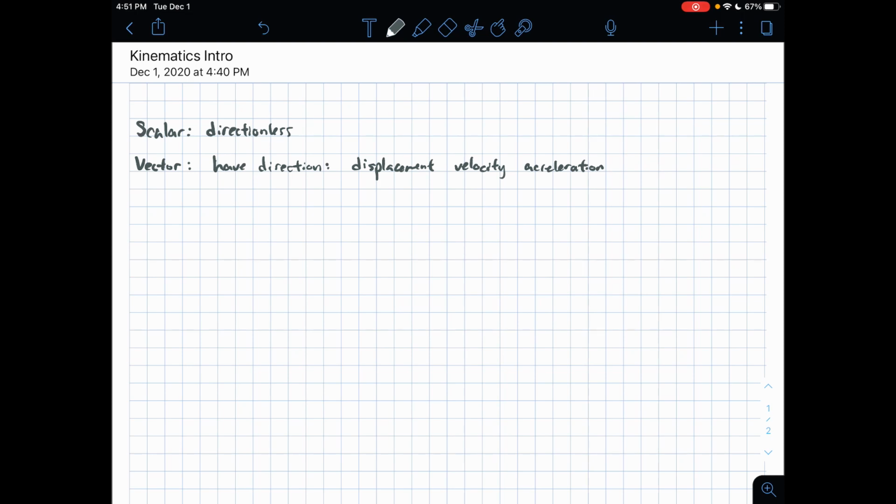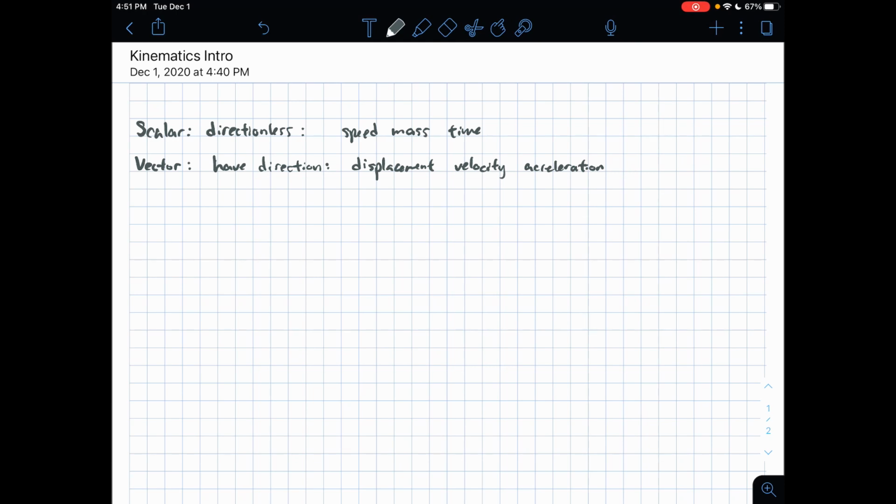Now, for scalar quantities, we have stuff like speed and mass and time. All those, they don't have direction. They only go one way, which is forward. I would like to turn back time as well, but clearly that's not an option yet, so it's a scalar quantity.